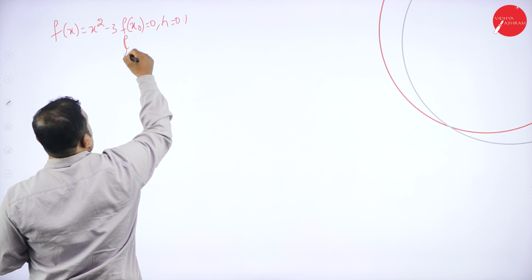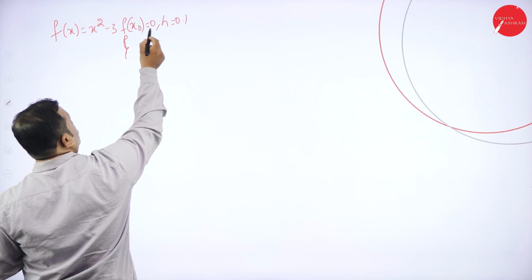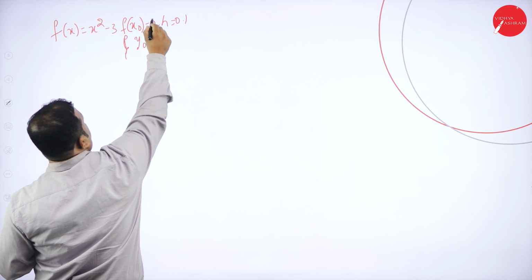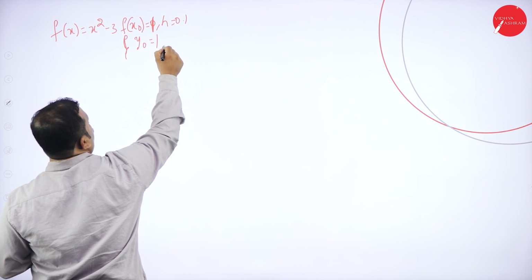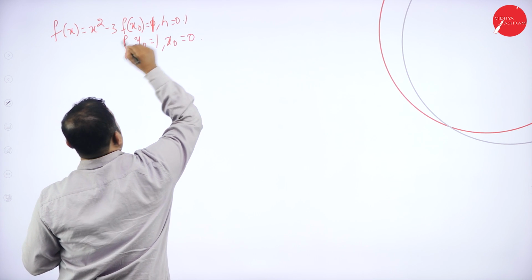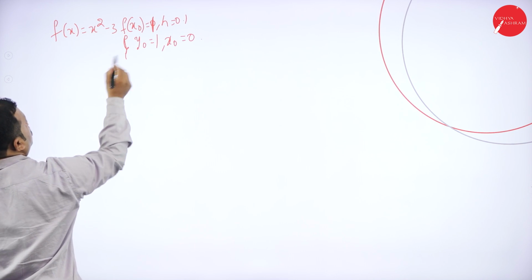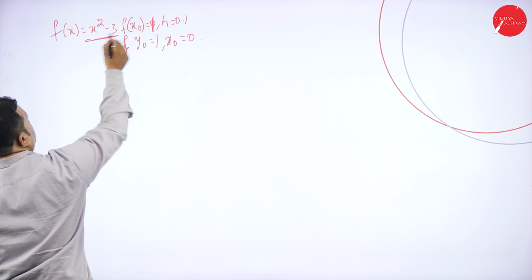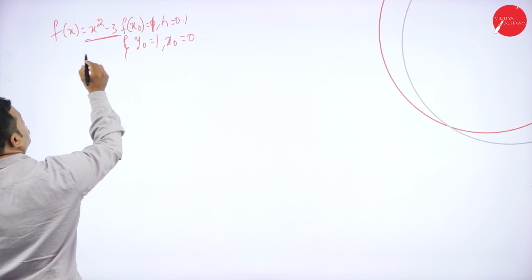Y0 is equal to 1. Let me consider this as 1. X0 is equal to 0. If that is the case, let me try out with this equation. It is very easy and simple.